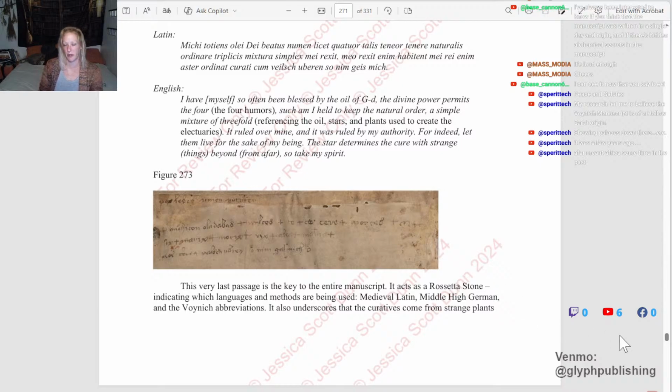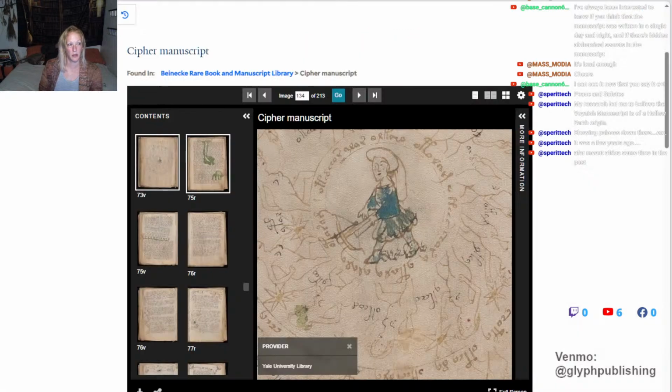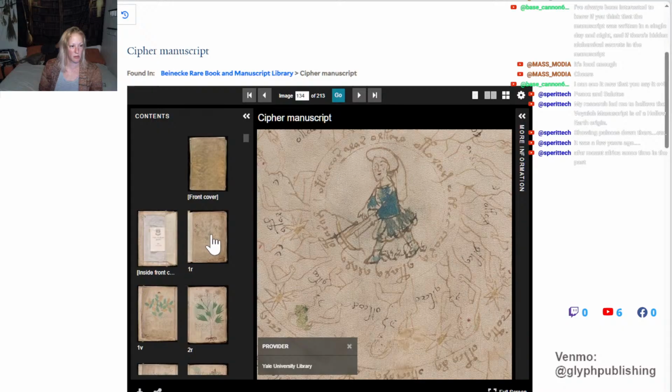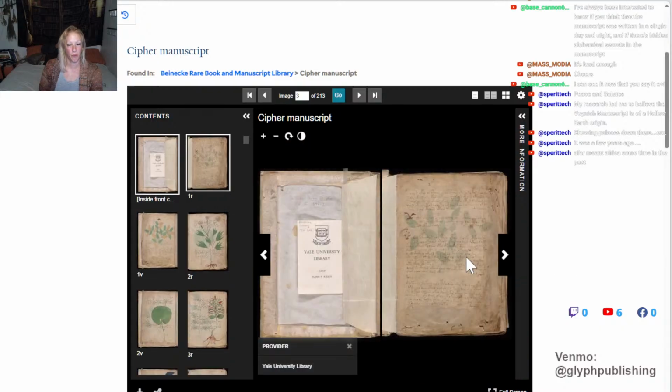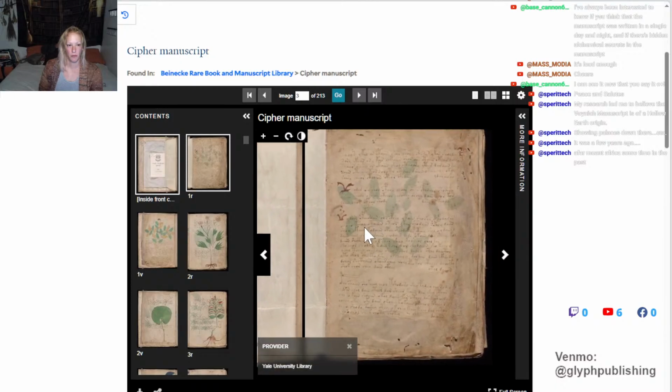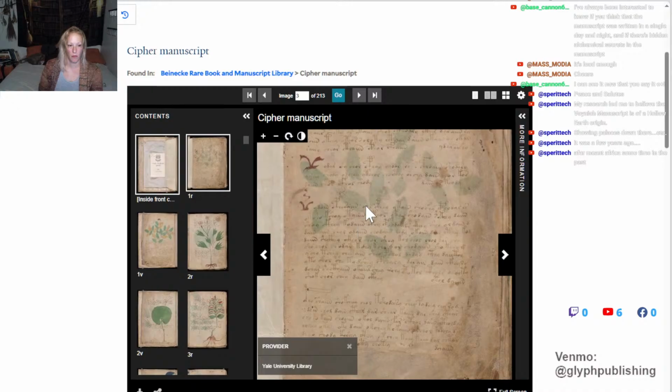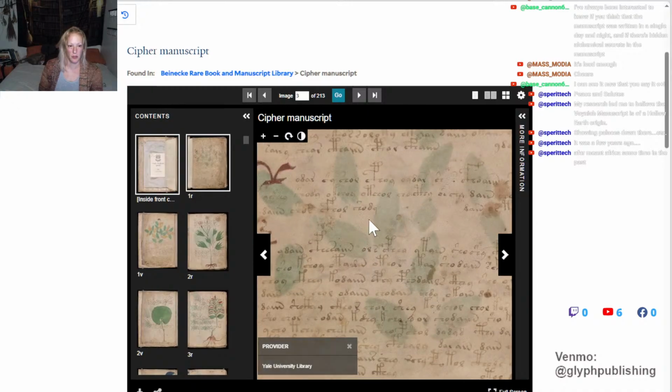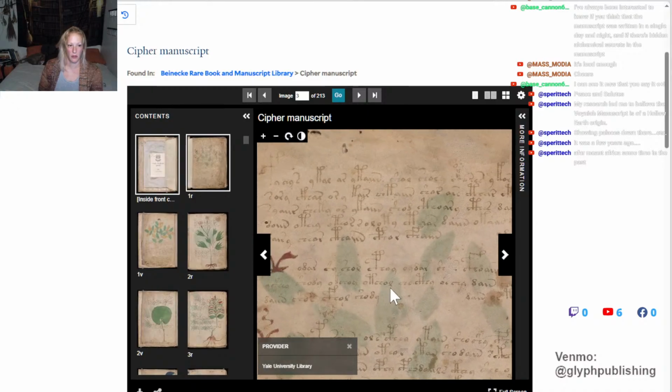That's the very first page of the manuscript with text. So this is the strange script.